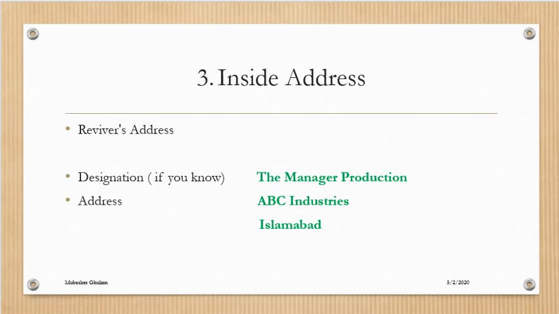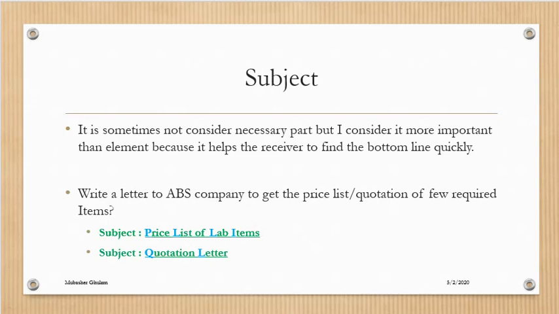Then the fourth one is the subject line. Usually it is said that this is not a necessary or essential part of the business letter, but in my opinion it is very important. Why is it so important? Because, as we discussed earlier, readers want to get to the bottom line quickly.